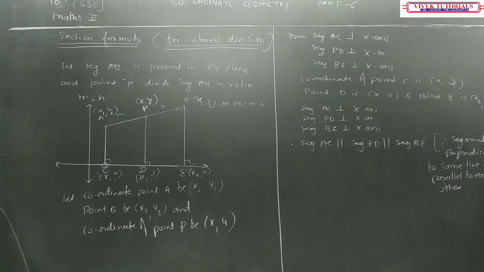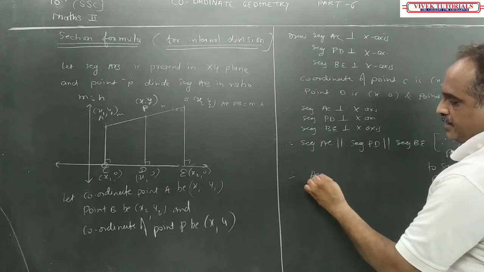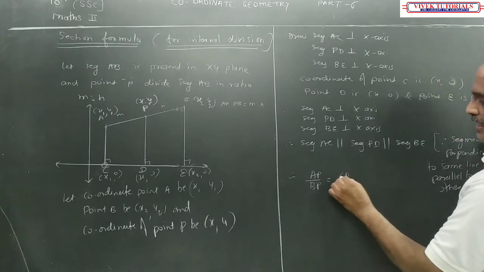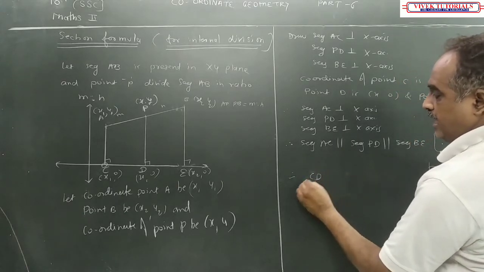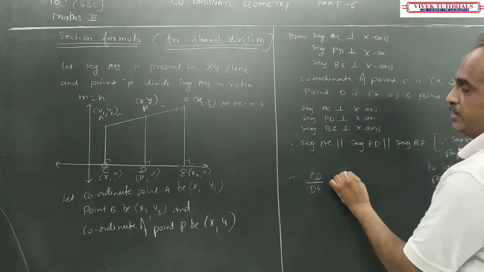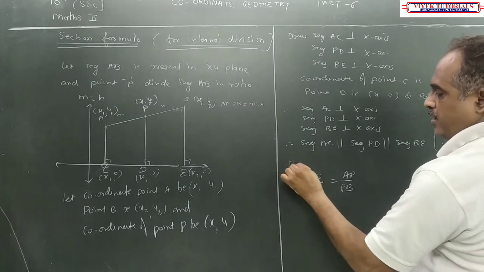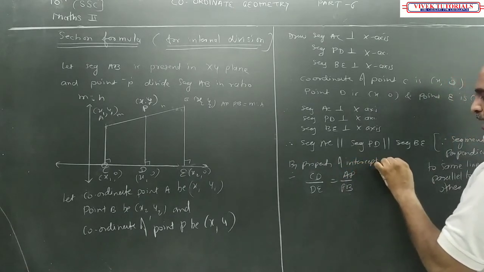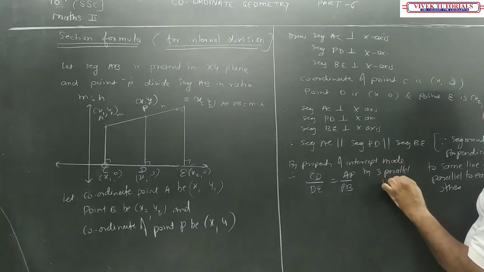Therefore, I can write AP upon PB is equal to CD upon DE, by the property of intercepts made by three parallel lines that we know.